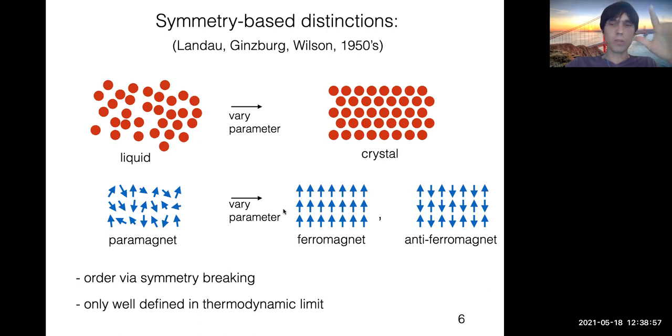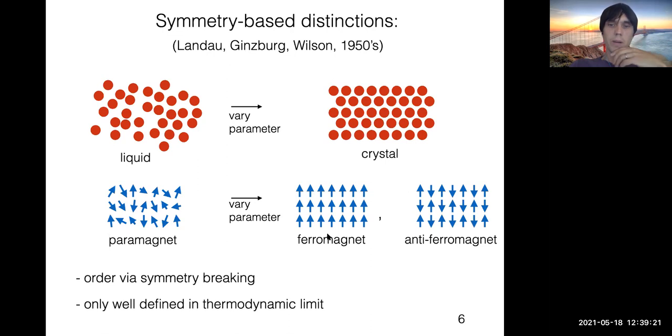A ferromagnet, the simplest caricature: all the spins could be up, or all the spins could be down, two possible ground states. In either case, the spin is correlated over long distance. If it points up here, you know that it's going to point up everywhere in space.